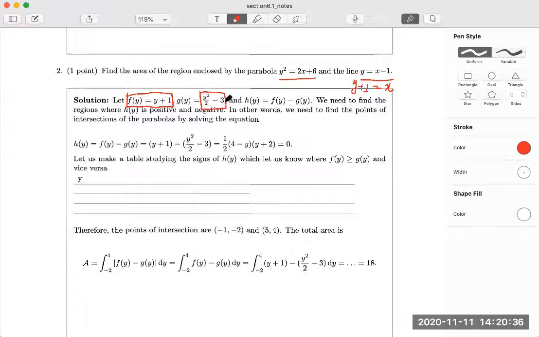And the same idea. We define the functions f of y and g of y. We find the intersection where f of y is equal to g of y, right? And we study this function. And from this, there are two solutions at y is equal to 4 and y is equal to negative 2.